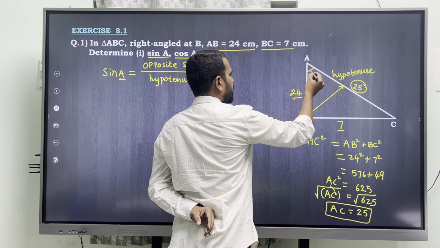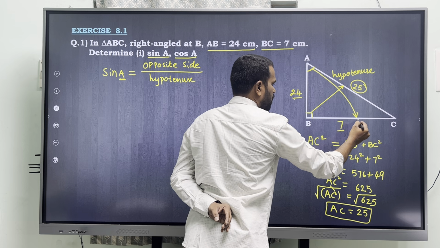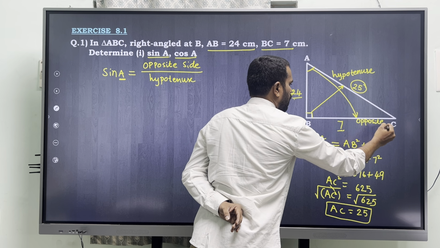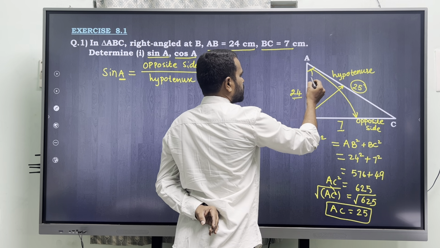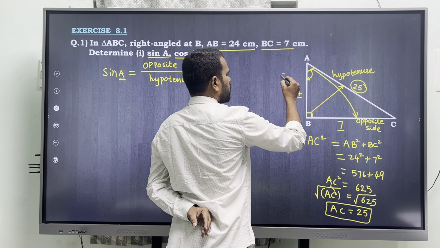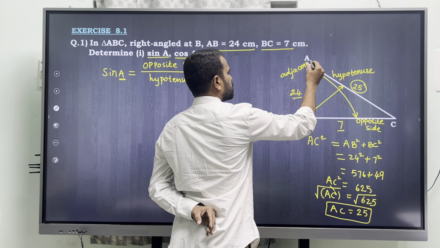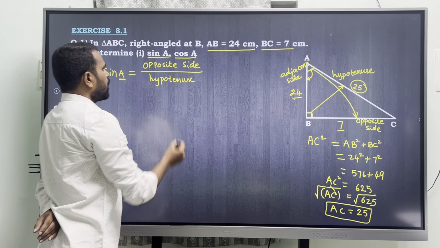The side opposite to this angle, we call the opposite side, and the side adjacent to this angle is called the adjacent side.